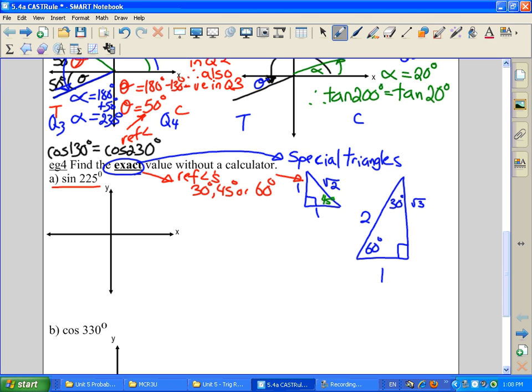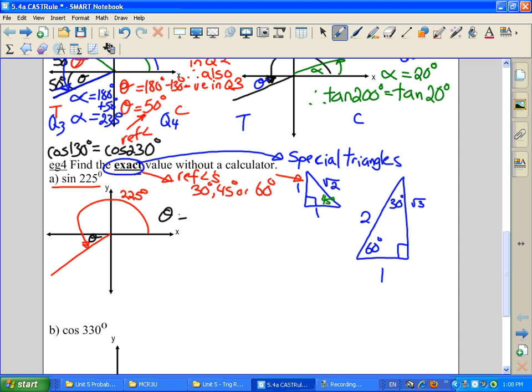Sine of 225, ladies and gentlemen, what quadrant is that going to be in? That's going to be in quadrant 3. So you start here, go like this, ladies and gentlemen, and you say 225 degrees. Okay? What we need to find now is our reference angle, which is theta here.